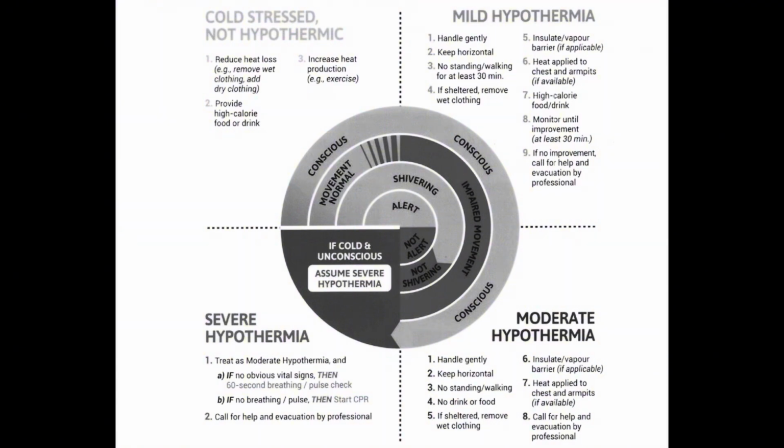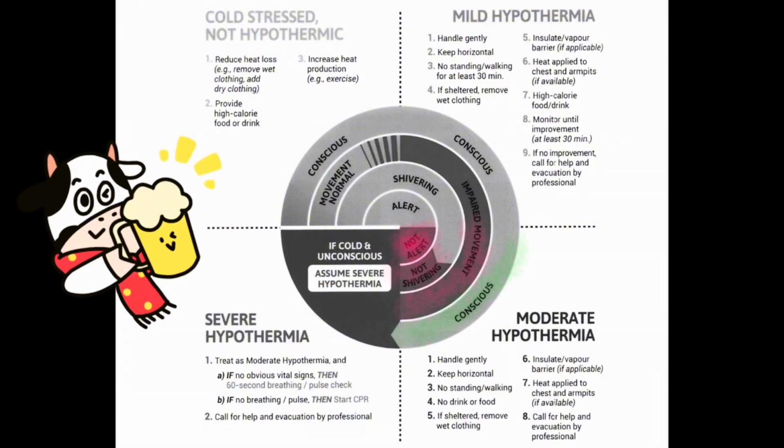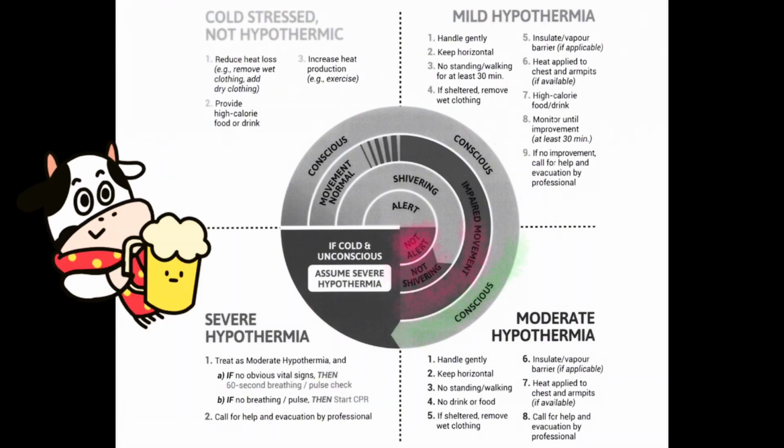In this case, the casualty is conscious, but their movement is impaired, they are not shivering, and they are not alert. As I said earlier, the hypothermic patient would really look like a drunk person. So by not being alert, I mean, they may just act like a drunk person.